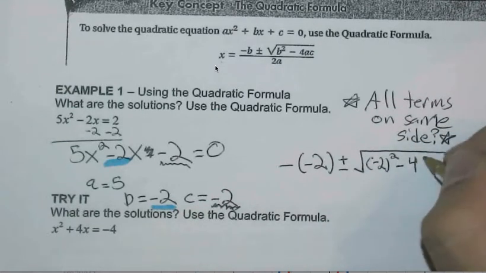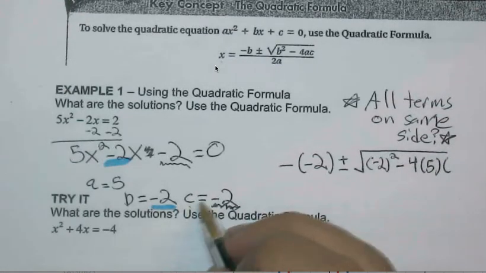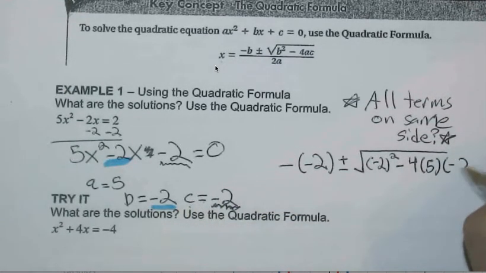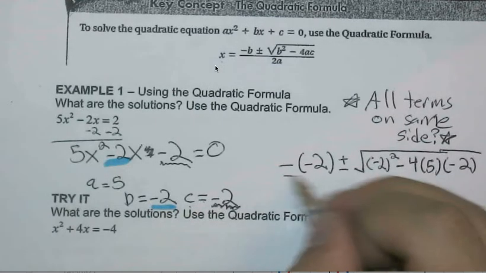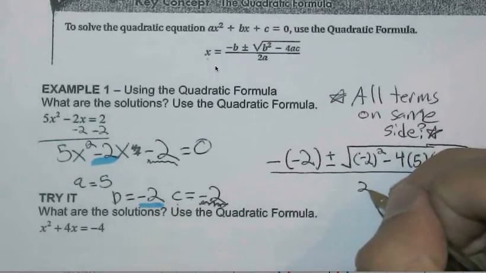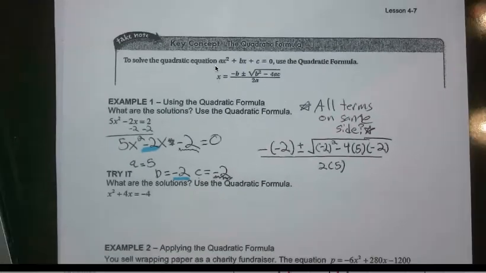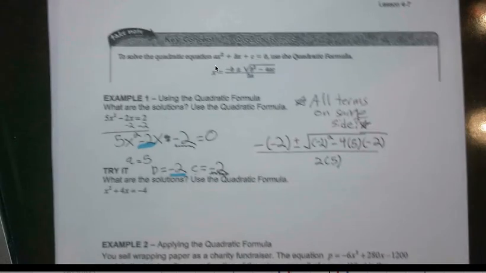Subtracting 4, multiplying with a, which is 5, multiplying with c, which is negative 2. So that's the first part up top. In the denominator, we have 2 times a, so 2 times 5. All good so far.